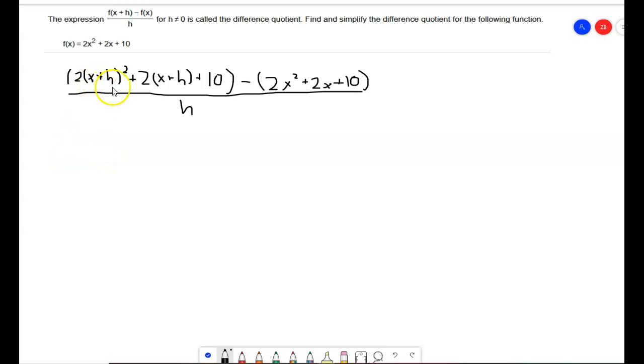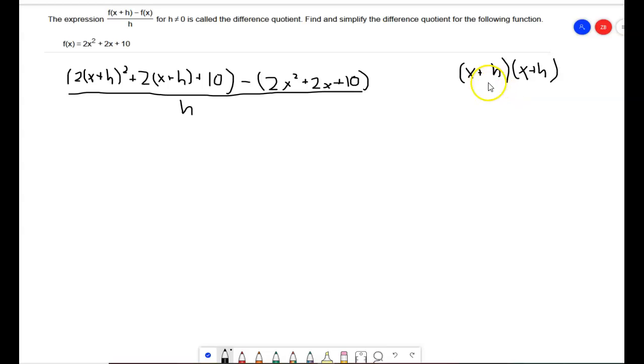Let's see what this x plus h squared thing is. I'm going to do this over to the side. Remember, I do exponents before I do the multiplication because of PEMDAS: parentheses, exponents, multiplication, division. So x plus h squared is just x plus h times x plus h.